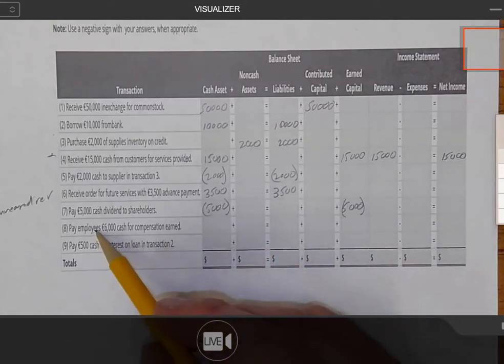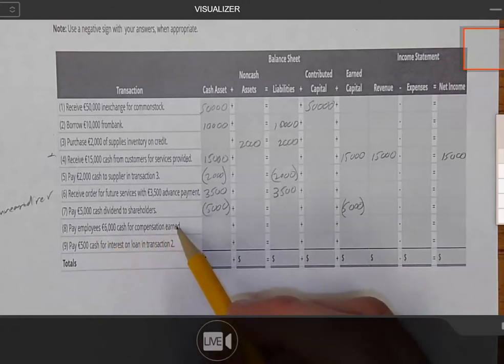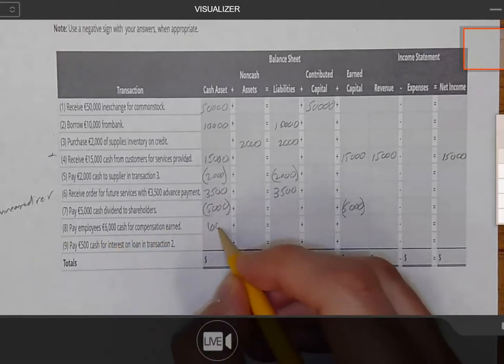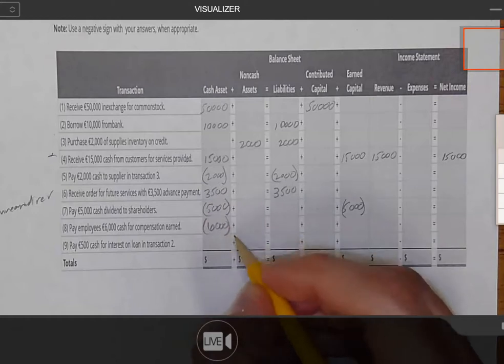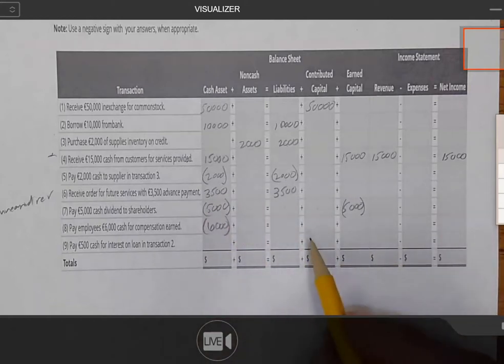So let's see here. Pays employees 6,000 euros for compensation earned. So this is a reduction to the cash account. We never set up a liability for that payment, so we don't really have to do anything here, at least not the way that I'm reading this. So no contributed capital.